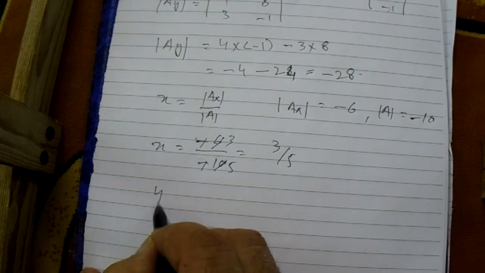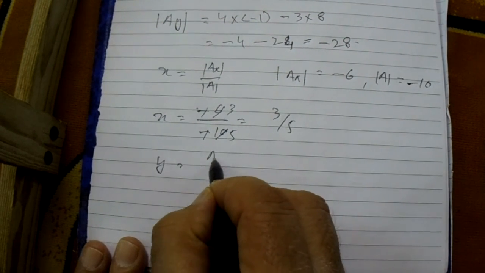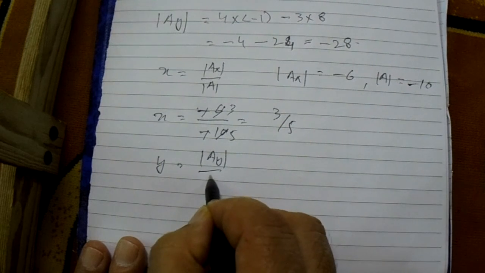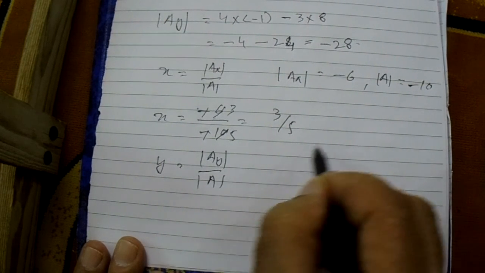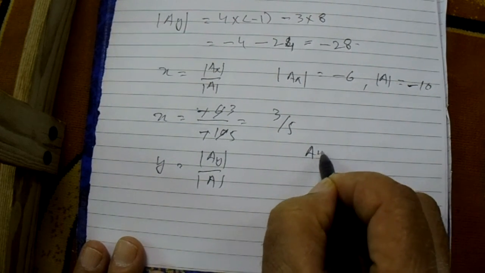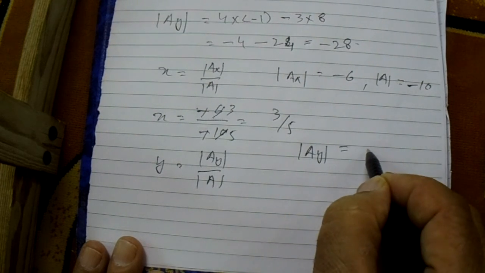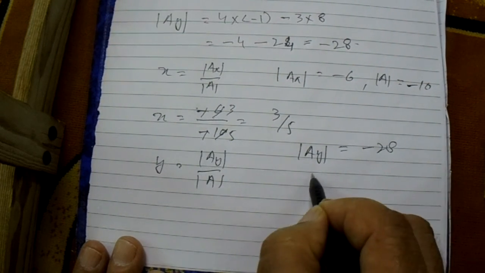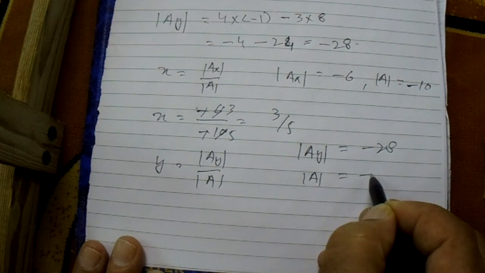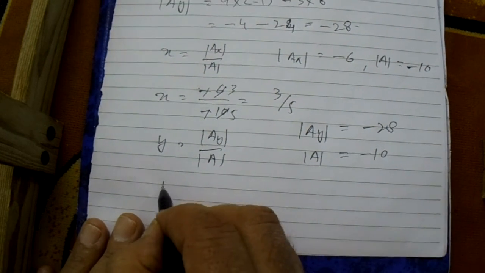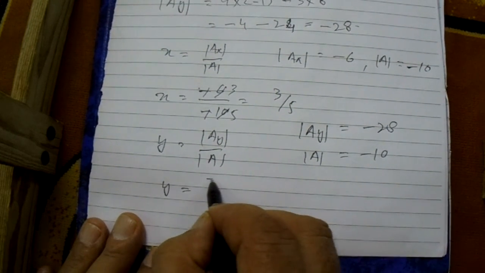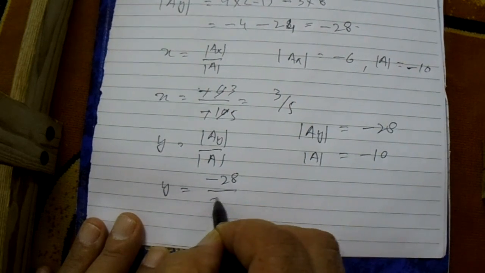Now for the Y value, we write Ay over that A. We know that Ay is equal to minus 28 and that A is equal to minus 10. We put these values. Y is equal to minus 28 over minus 10.